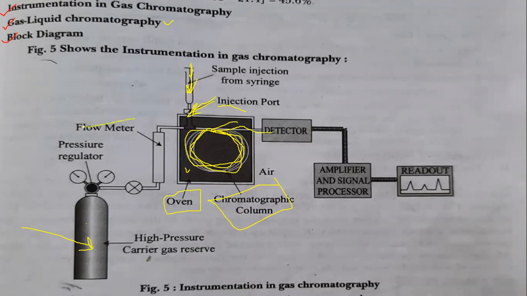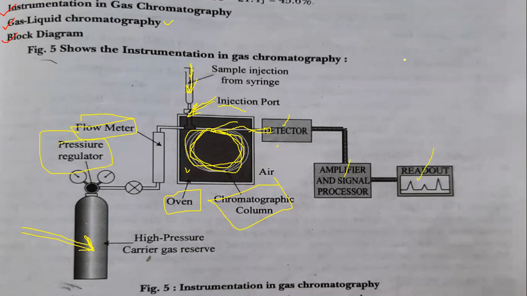Flow meter is used to maintain the flow of the mobile phase. Here is a pressure regulator, and gas is filled in the reservoir at high pressure. As the component comes out of the column, we can detect it with the help of the detector, and that signal we amplify with the help of an amplifier, and it goes to the readout system.